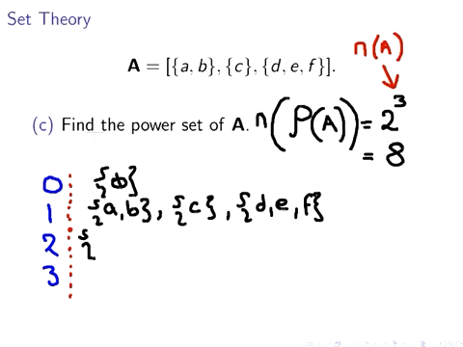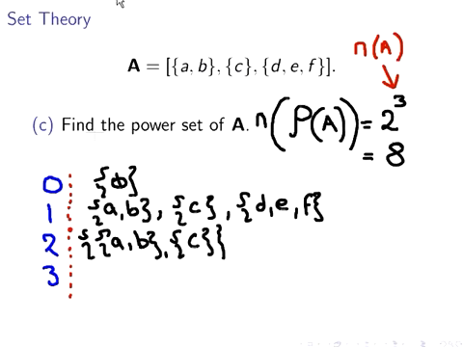What we're going to do is consider each pair of elements in A and treat them as a subset. The first pairing is A and B with C. That's our first subset of cardinality 2.